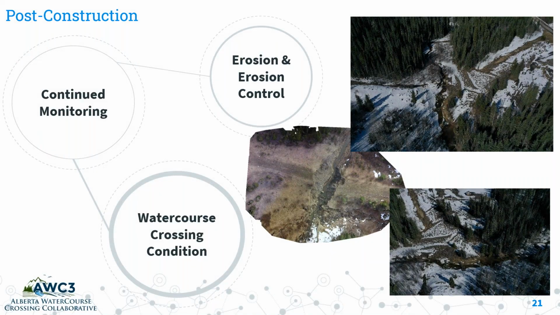And post-construction. Post-construction drones are really useful as well in just giving you quick insights as to what is going on site. So typically once a remediation project is completed, we have devegetated the slope and we need to put in erosion control measures.